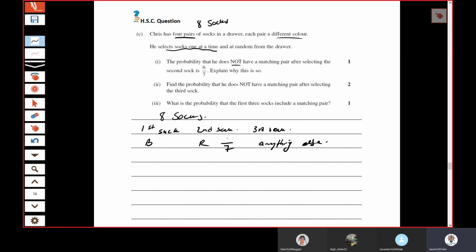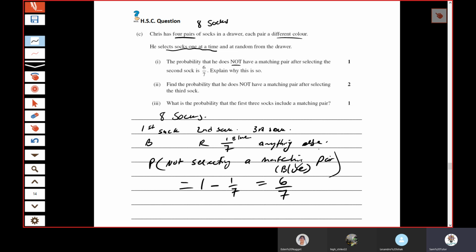So the probability of not selecting a matching pair, in other words not selecting a blue in the second sock, is 1 minus 1 out of 7, which is 6 out of 7.